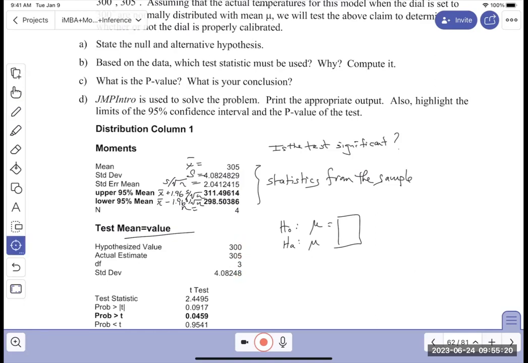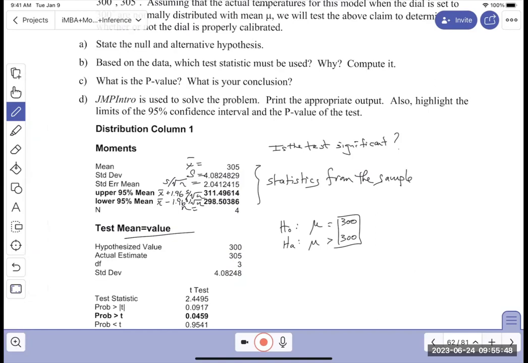It tells you right here, you're going to hypothesize that it's 300. Whatever you put here, you also put here. And what test are we conducting according to this output? If it's higher. Right, the bolded thing is telling us that we're looking at whether it's higher. So we got all that from this output.